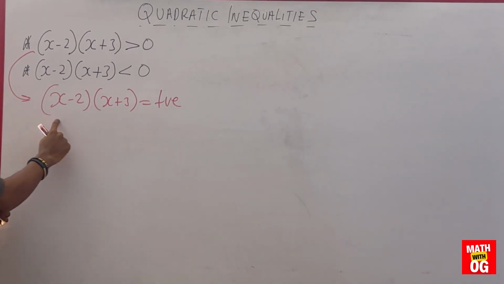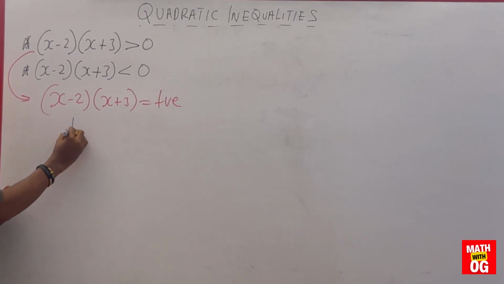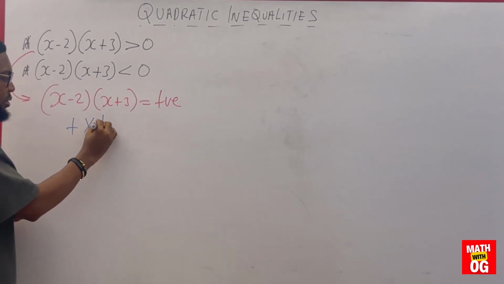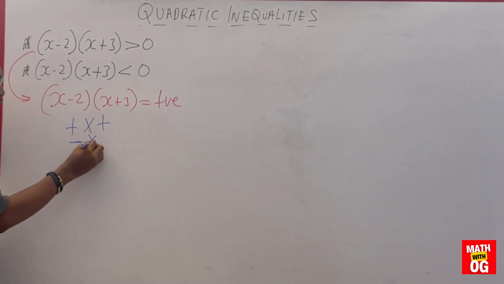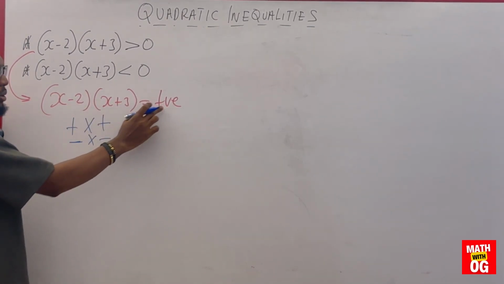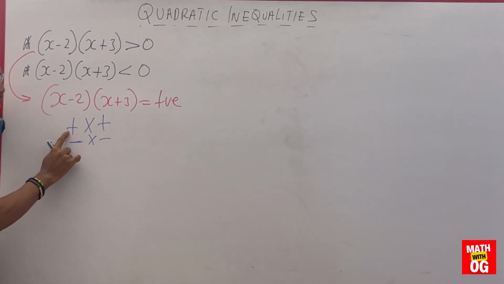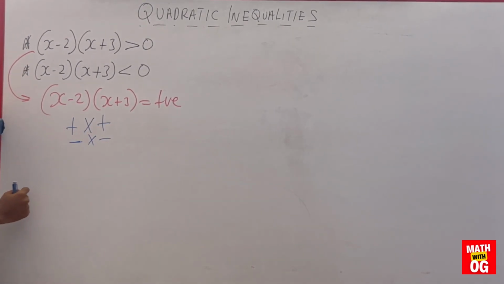Now, what does it take for the product of two guys to be positive? The product of two numbers can be positive only when one number is positive and the other number is positive, or one number is negative and the other number is negative. I repeat, the product of two numbers can be positive only when one is positive and the other is positive, or one is negative and the other is negative.